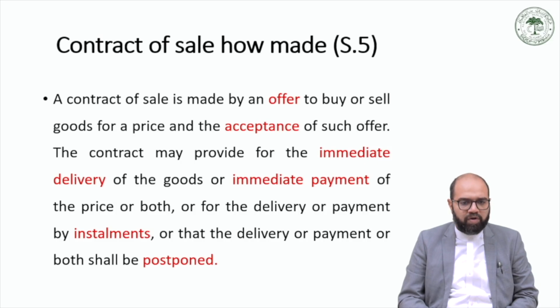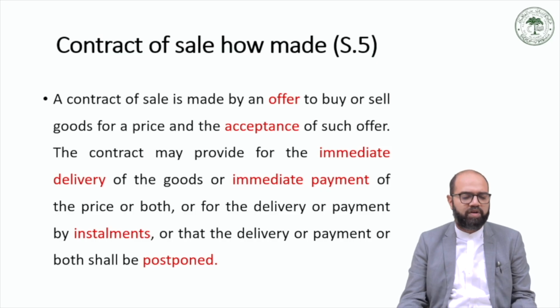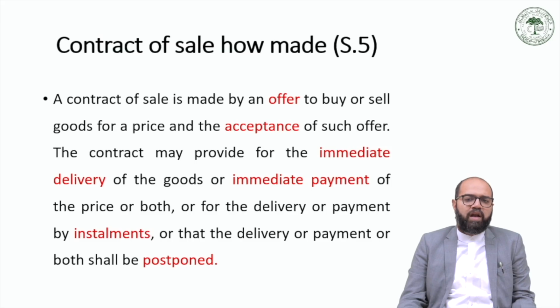Now the payment could also be corresponding to the installments, in which case the payment would also become through installments. Like if you buy a motorcycle or a car on credit, you can pay the installments monthly, or the delivery or the payment both could be postponed, that is to a future date.